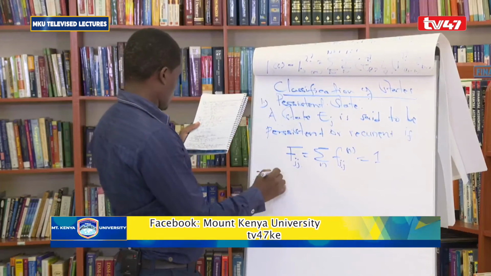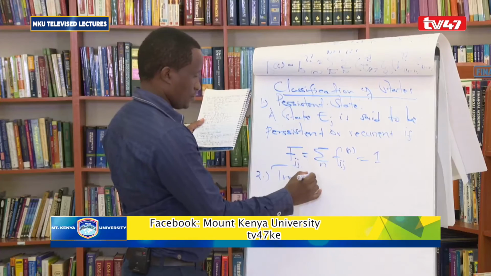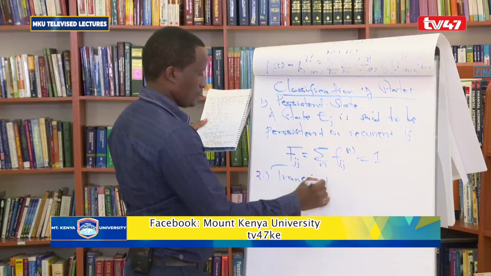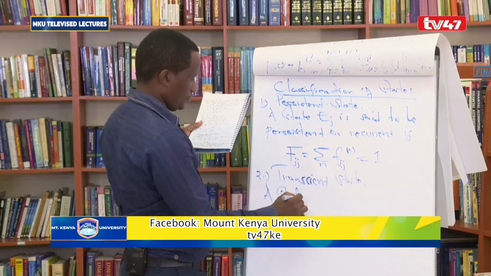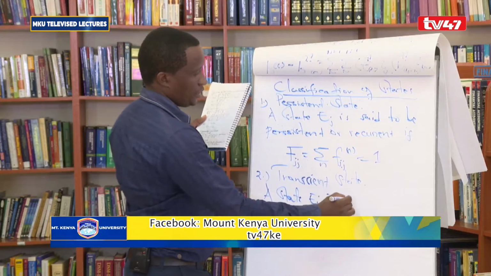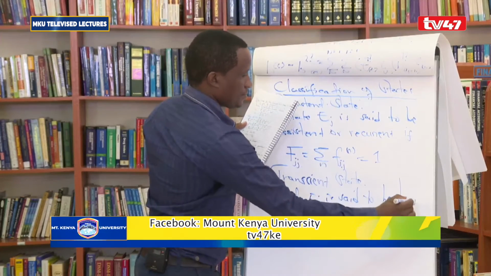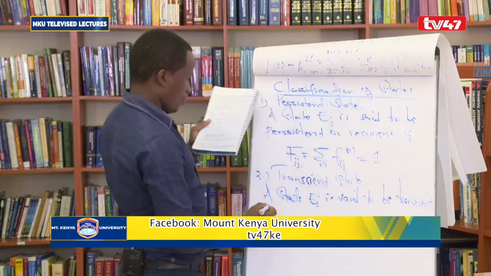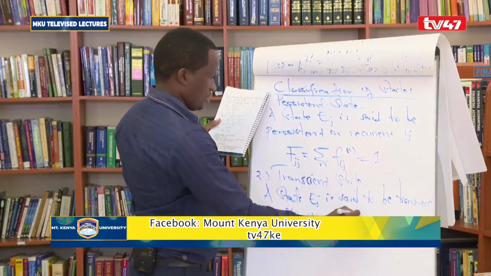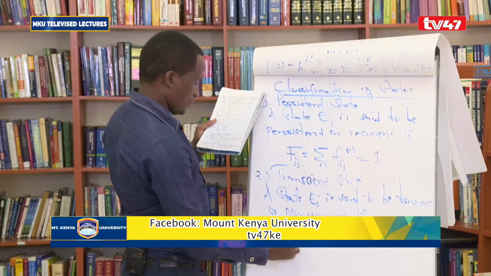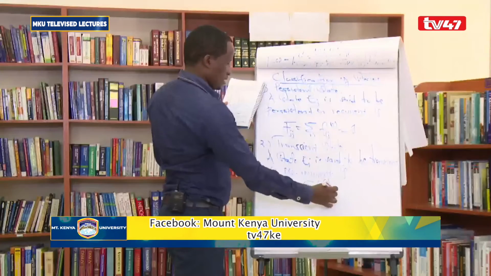Number 2, transient state. A state E_j is said to be transient or non-recurrent if F_jj, which is equal to the summation over n of f_jj^(n), is less than 1.